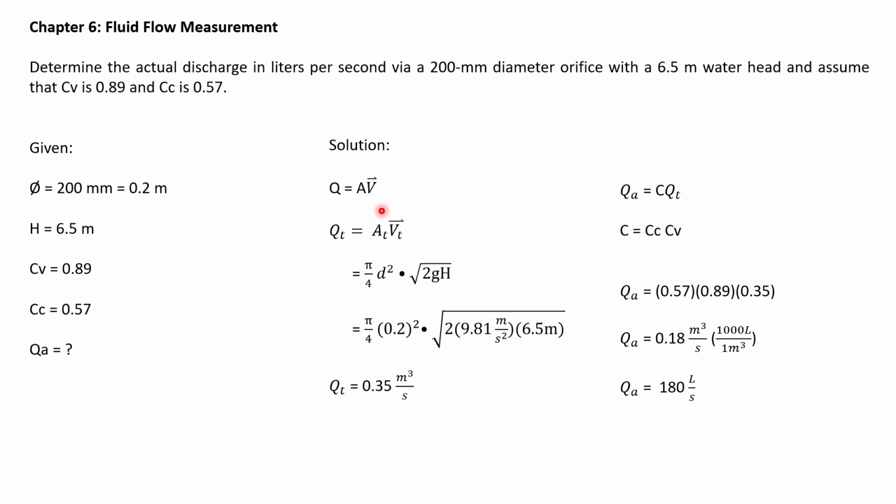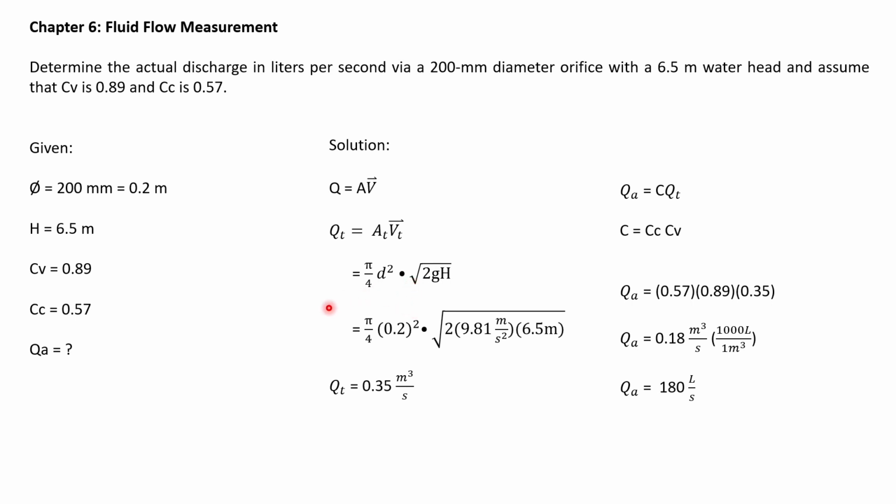We will have a formula of Qt is equal to At times the velocity t. We will get the area by using the area of the circle, because that is the given. So we will have pi over 4 times d squared times the velocity. Now the velocity, we will use the square root of 2gh.